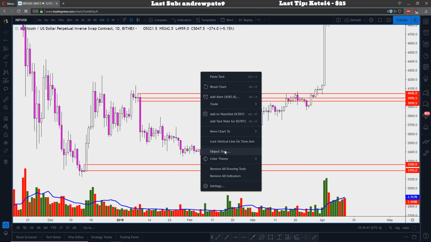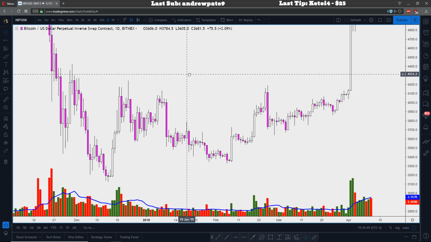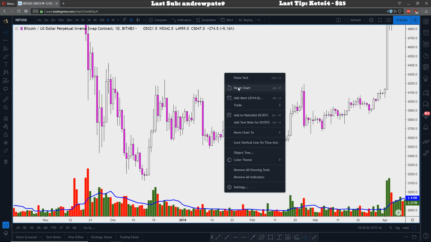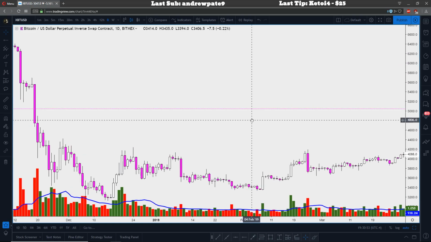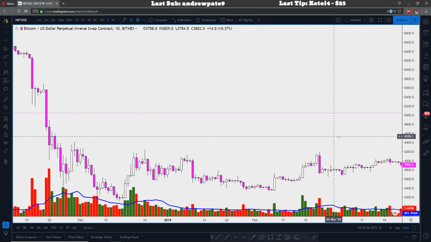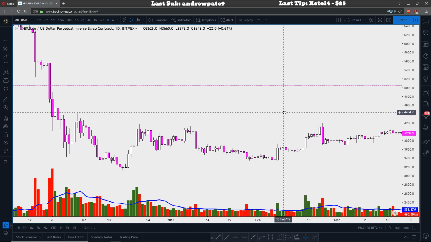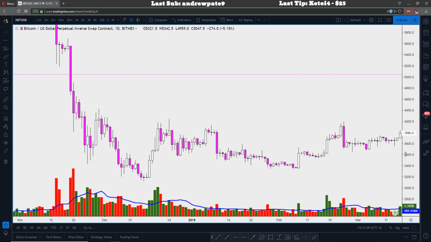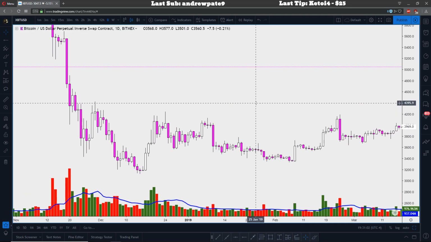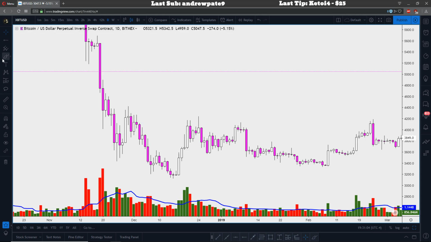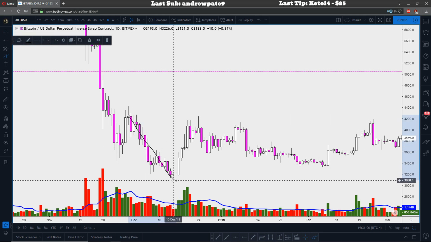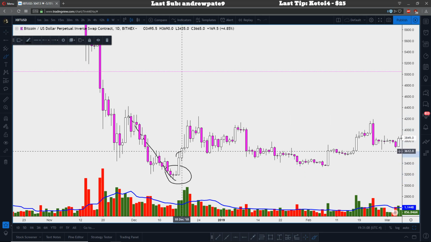Let me clear this. And they're very easy to spot. That's another thing that I like about using this system of support and resistance. They're very easy to spot because all you have to do, so let's say we just created this new low. Let's say we're down here, somewhere in here.